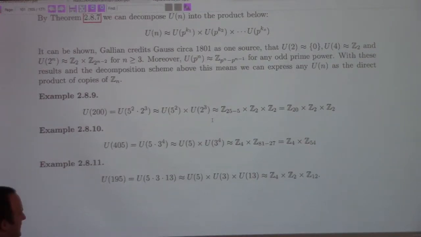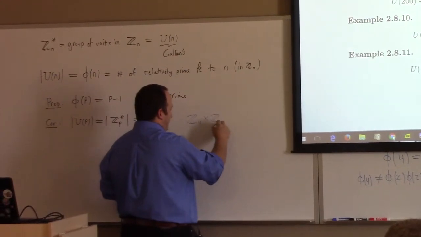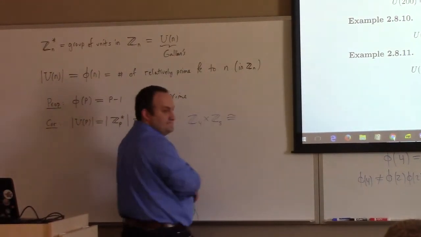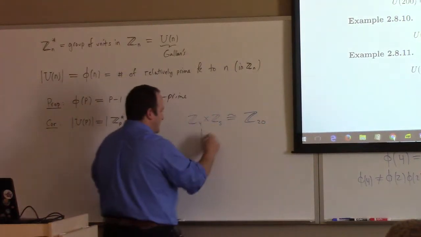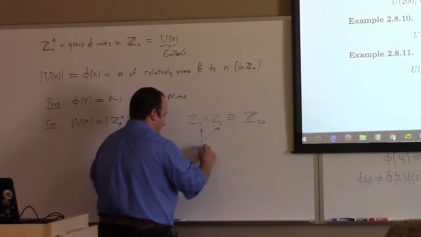Let's see here. So this 4 and 54, of course, are not relatively prime, which means that that's not cyclic. You can't reduce that to Z, like Z4 cross Z5, right? This is isomorphic to what? Z20, because these are relatively prime, right?